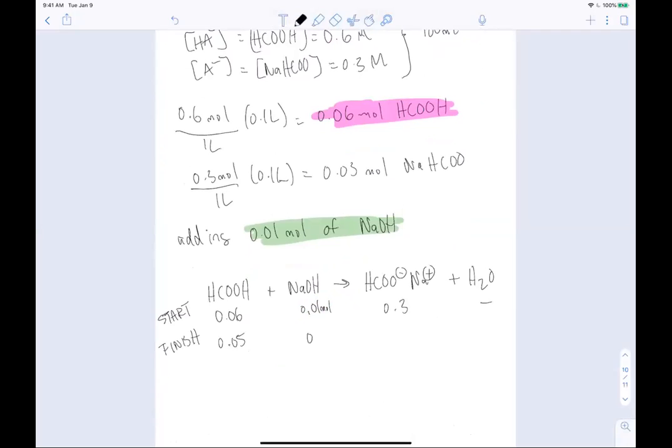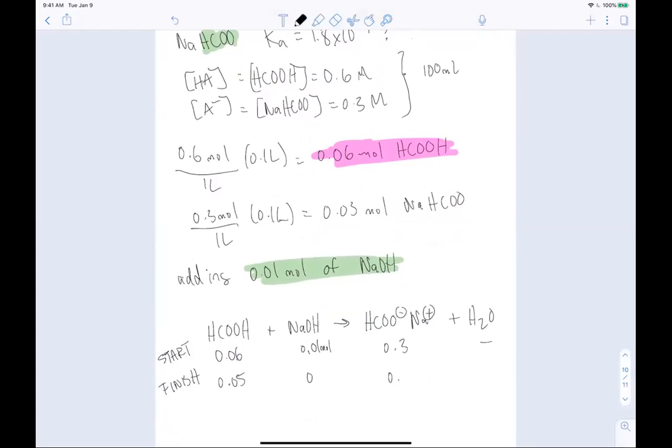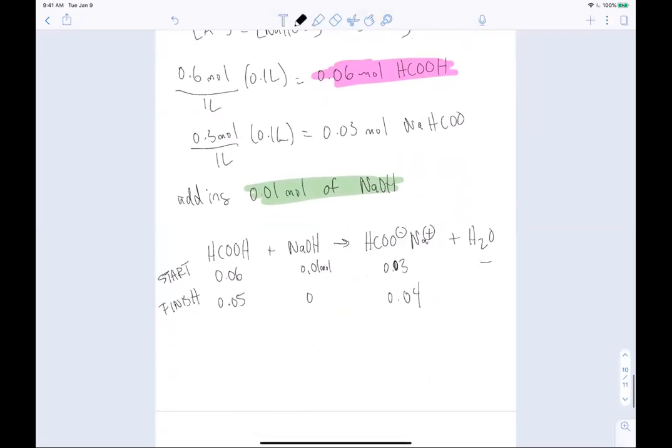We're going to have none of the sodium hydroxide left over. And then we're going to form formate over here. So we'll have 0.04, and again, water we don't care about.